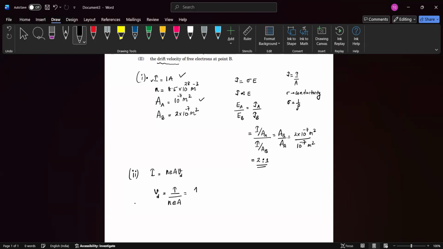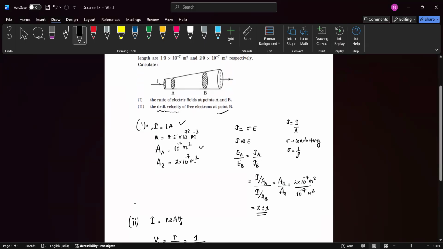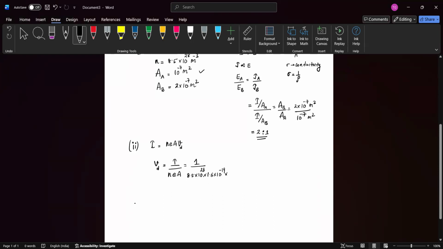Current is 1 ampere. Number density is 8.5 into 10 power 28. Electron charge is 1.6 into 10 power minus 19, into area of cross section. We are talking about drift velocity at point B, so you have to take the area of cross section at point B, which is 2 into 10 power minus 7.